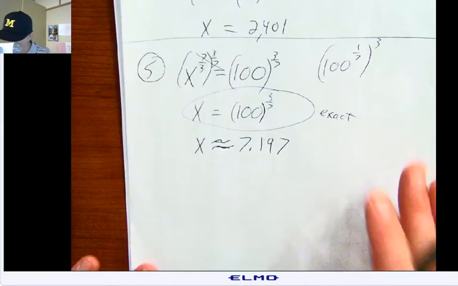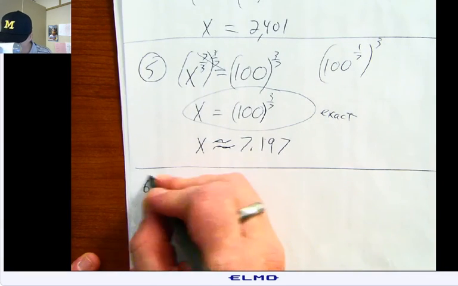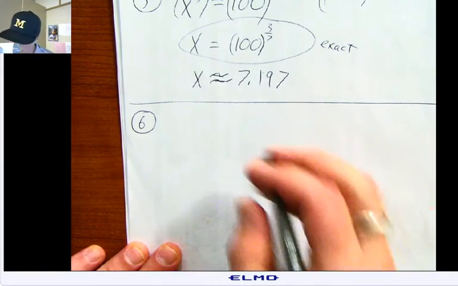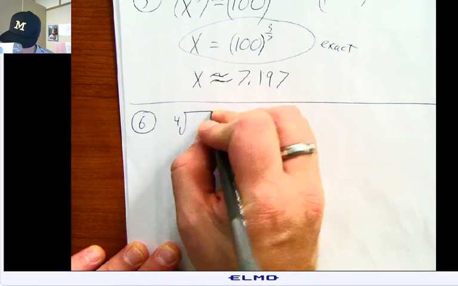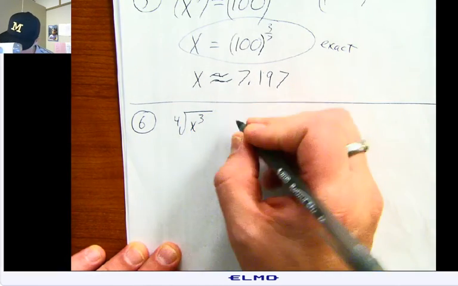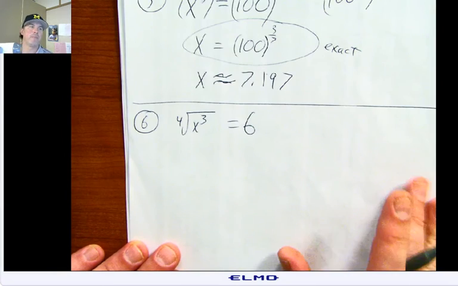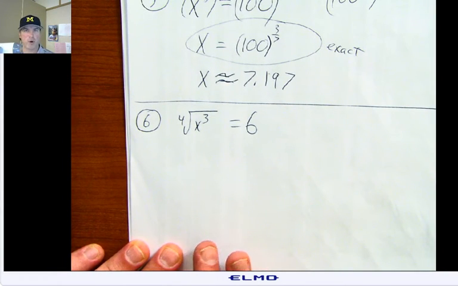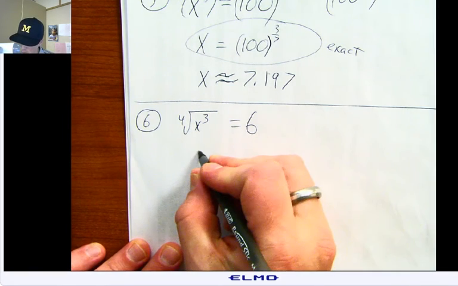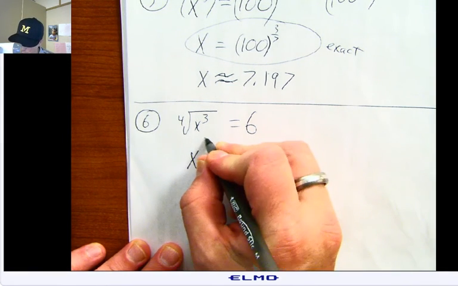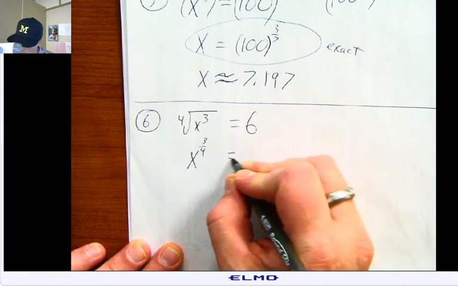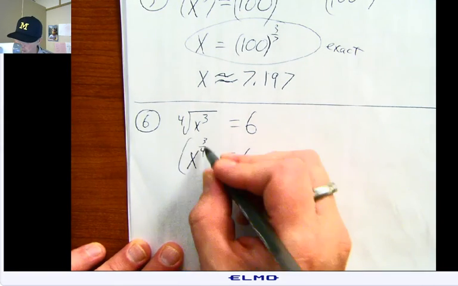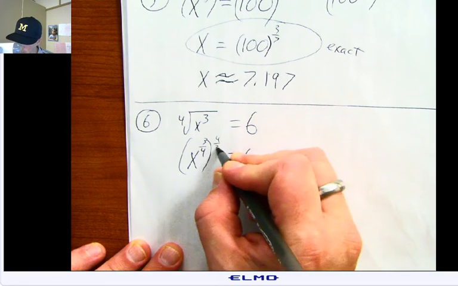One more example. Example number 6. If it's the 4th root of x cubed equals 6, you're first going to want to think fractional exponents. That gives me x to the 3/4 equals 6. And now you're just going to raise both sides to the 4/3 power.